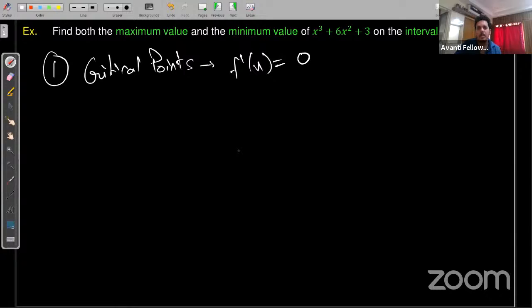What are the critical points you are getting? d by dx of x cube plus 6x square plus 3 is equal to 0, you have to do. So how much are you getting? Come on, guys, give me the answer.